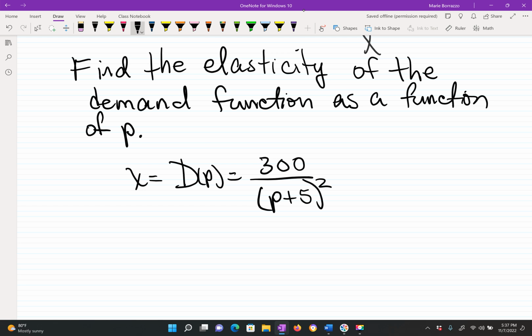Don't overthink this, by the way. P plus 5 squared.